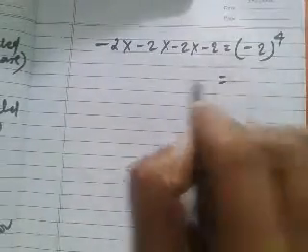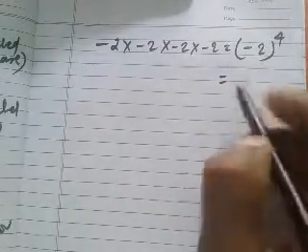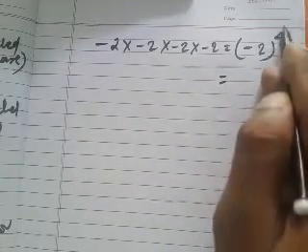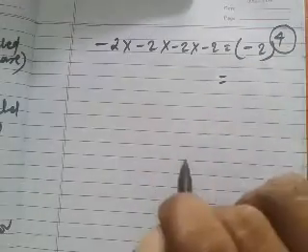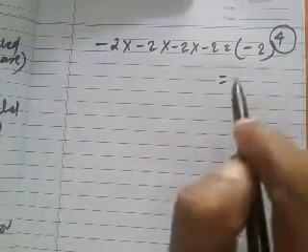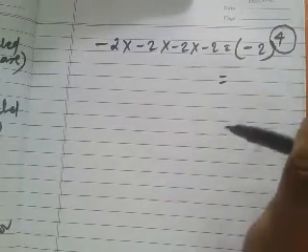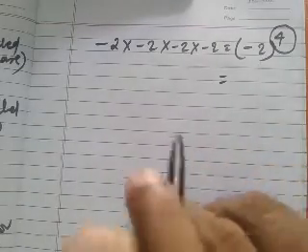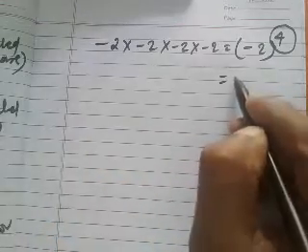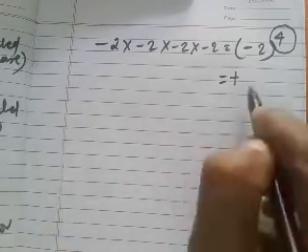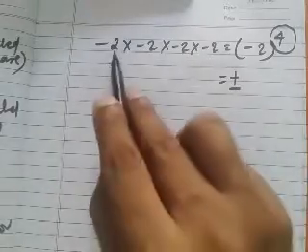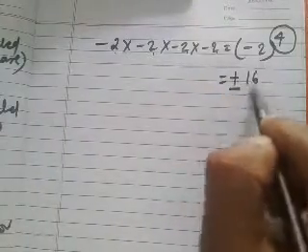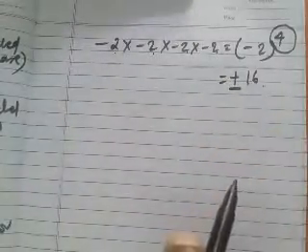What answer will we get if -2 is a negative number and its power is an even number? The answer is always a positive number. So 2 twos are 4, 4 twos are 8, 8 twos are 16, plus 16, which is a positive number.